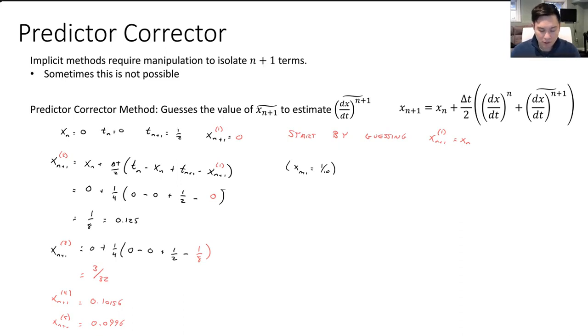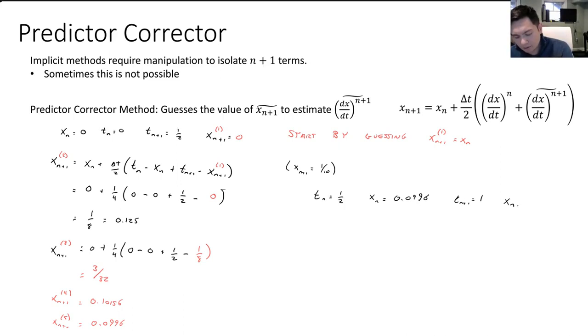Now, if we were to take a time step forward, at some point we have to stop. And so we would assume that once we see changes in the value of x less than a certain value, a tolerance, then we're close enough that we can time step forward. So then we move on to the next time step where t of n is equal to a half. Our x of n value is whatever our final guess was, so maybe 0.0996. Our t of n plus 1 is now 1.